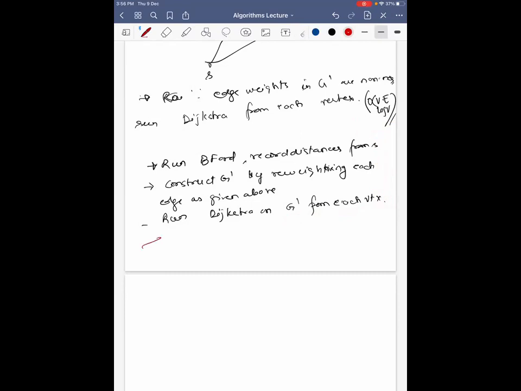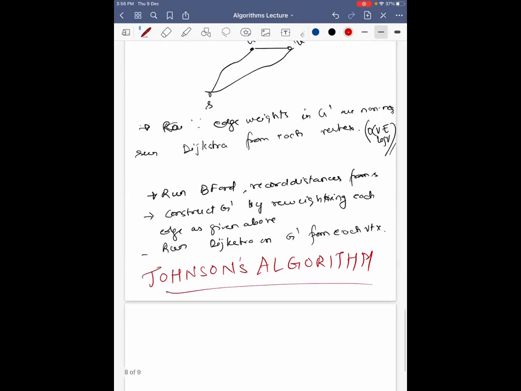This algorithm is known as Johnson's algorithm. Okay, so if you want, you might look it up, but this is how it works.